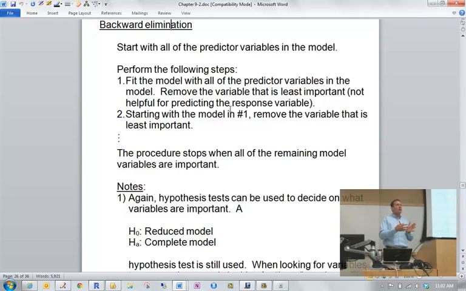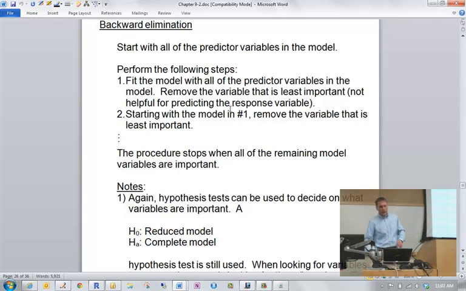Well, now we're going to talk about what's called backward elimination, which goes in the opposite direction. We're going to start with a model that has, let's say, all our predictor variables in it, and then one by one remove predictor variables until we get to a point where all the predictor variables that are in the model truly appear to be important. Okay? So here's how it goes.